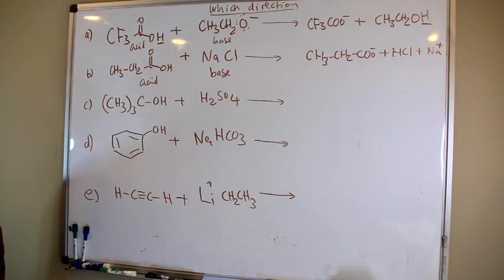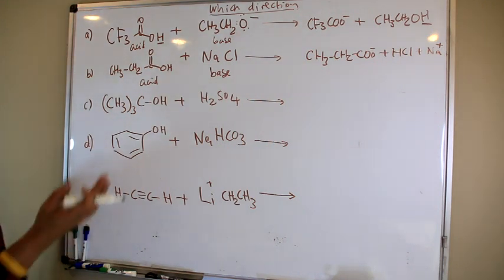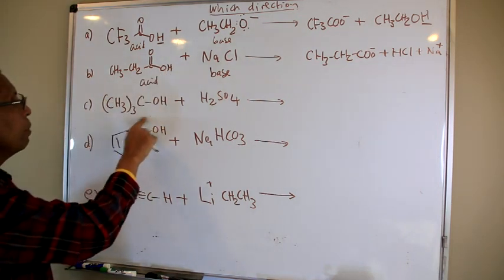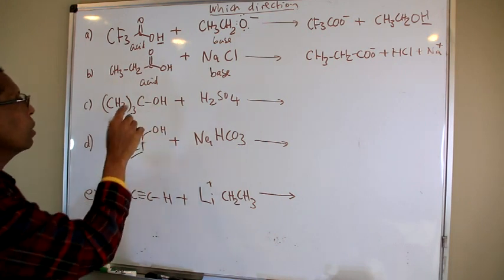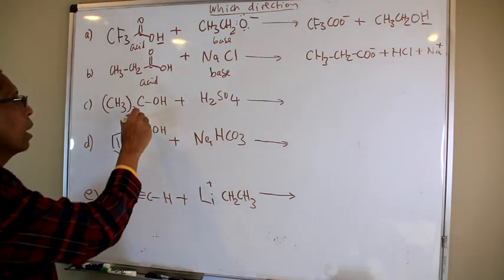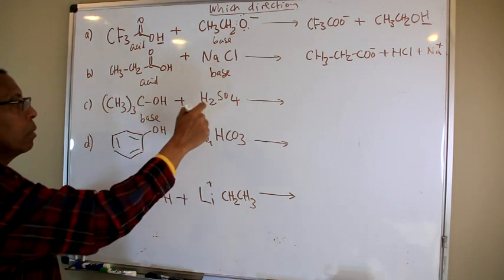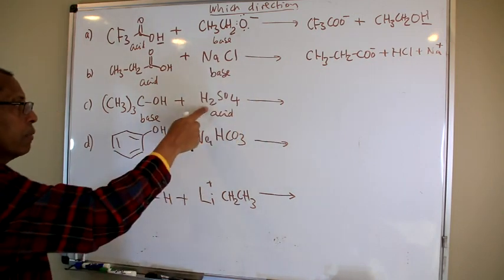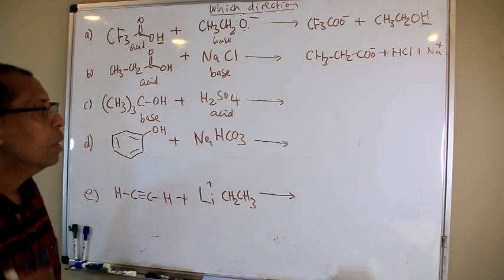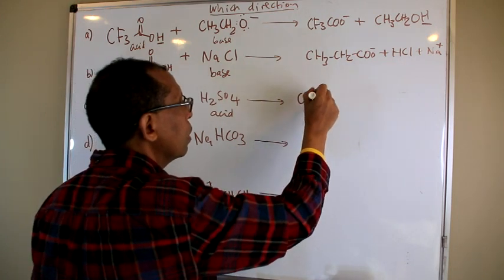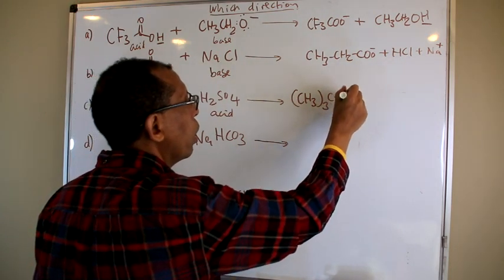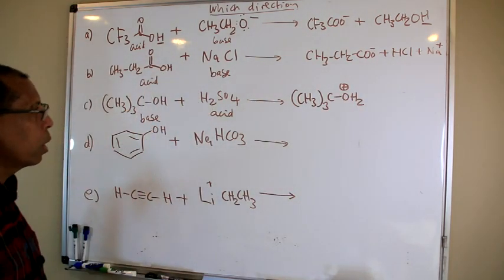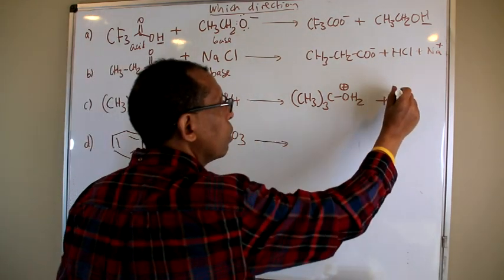We'll check whether that is right or wrong, which side the equilibrium would shift, by showing the arrows. Here you have tert-butanol. This is an alcohol. In this case, it's acting as a base because you have a very strong acid here, sulfuric acid. It can transfer its proton to protonate this. So the product looks like (CH3)3COH2 plus, because it acquires one proton, and you would have the conjugate base.